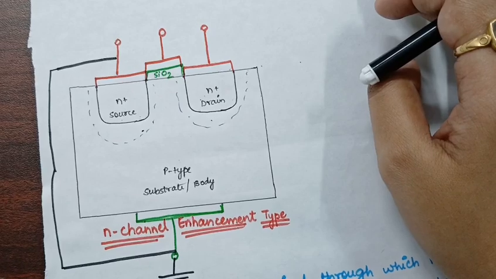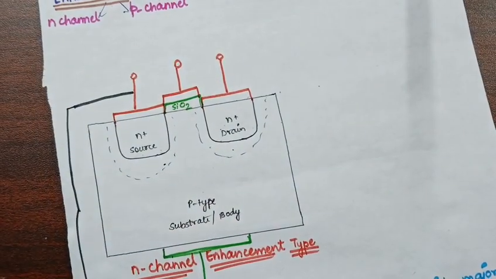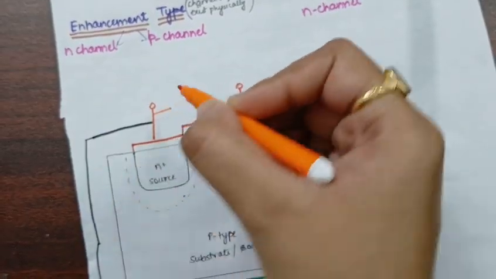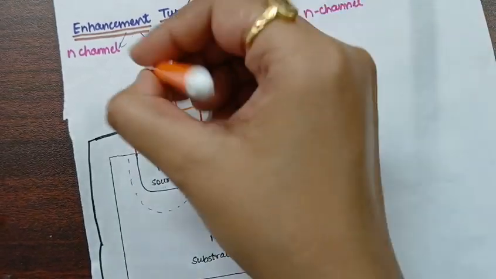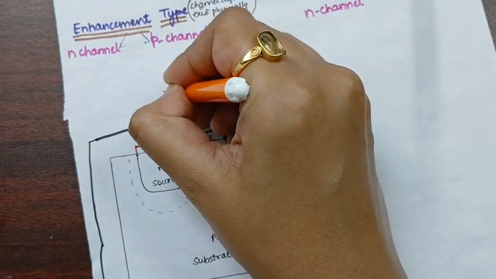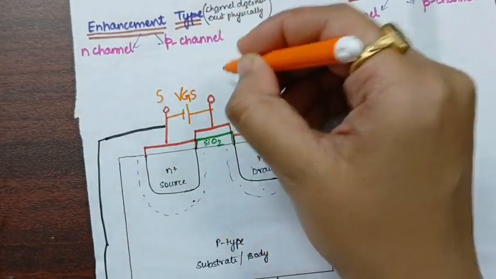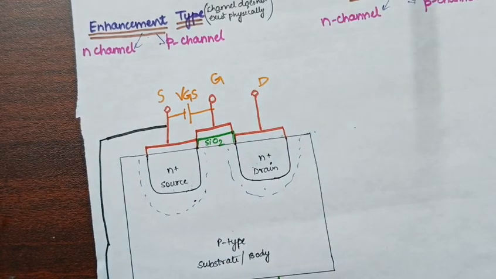Now what we can do is attach a terminal between the source and gate. So this is the gate terminal, this is the source terminal, this is the drain terminal and this is the body terminal.